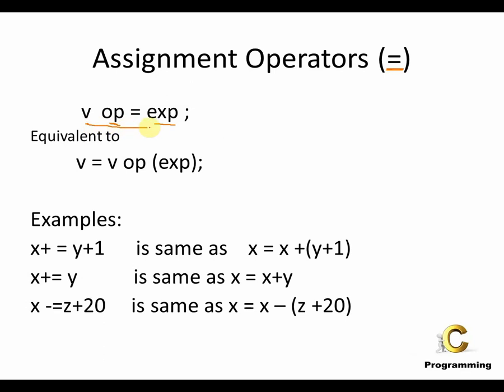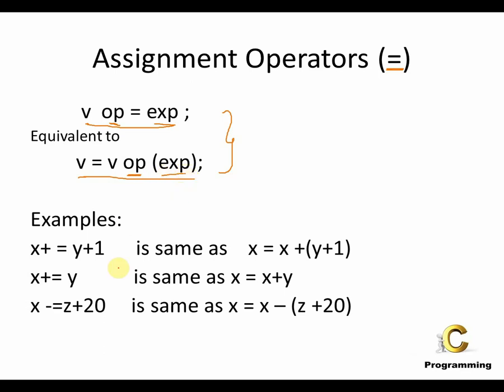So this form of expression is equivalent to this. Now this is the general form; we'll look at it with an example. V is a variable, OP is the operator to be used, and EXP is nothing but an expression to be evaluated.